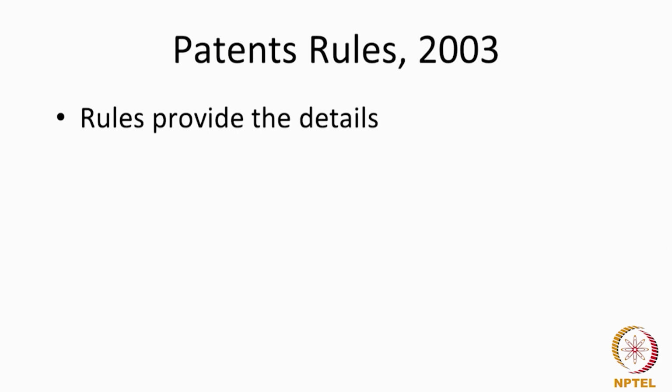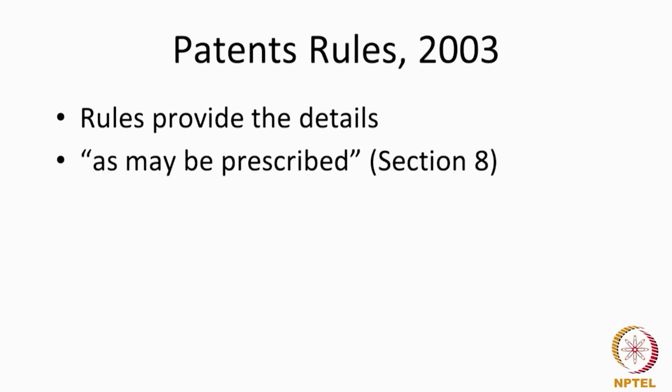As I mentioned before, the rules provide the details. For instance, take section 8 of the Patents Act, which deals with information and undertaking regarding foreign applications. I am reading from section 8 subsection 2 towards the end: in that event the applicant shall furnish to the controller information available to him within such period as may be prescribed.